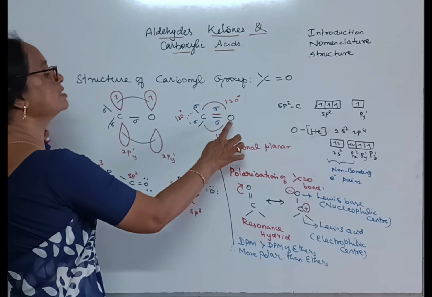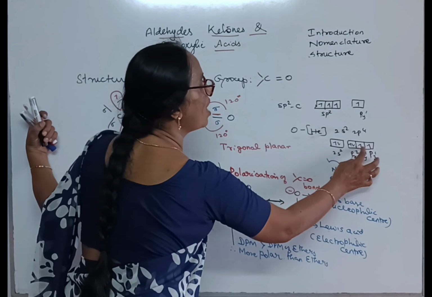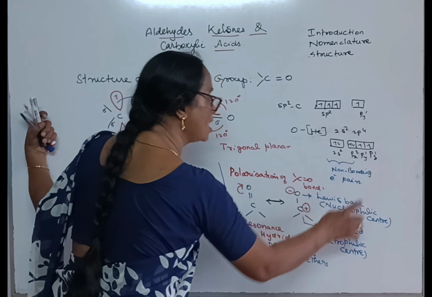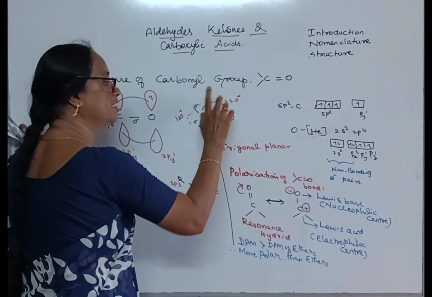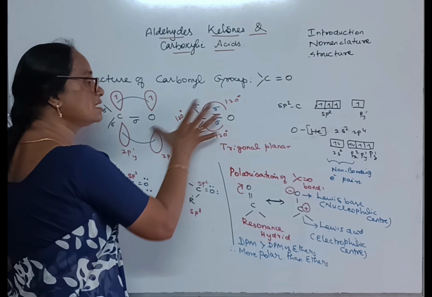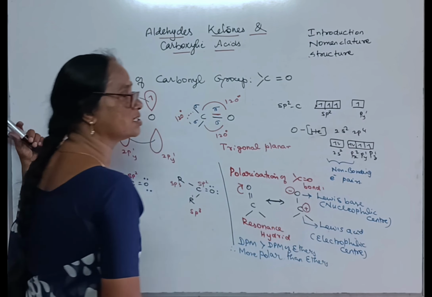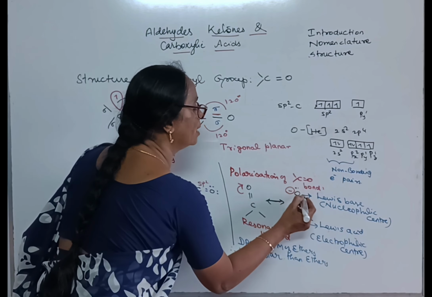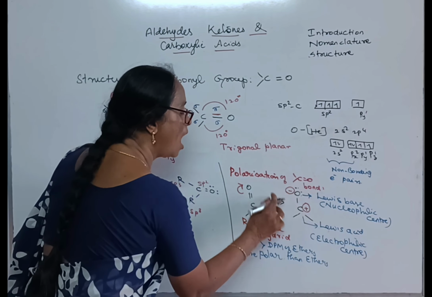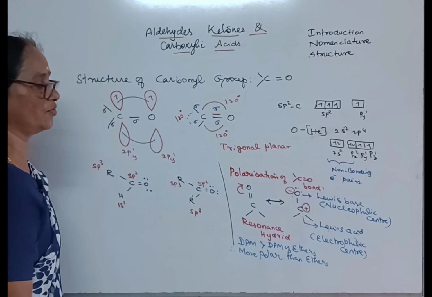Moreover, the oxygen is very electron rich because two of its p orbital electrons are found in a sigma bond as well as in its pi bond. Besides this, it has two more lone pairs of electrons that are always present on the oxygen atom. So after the delocalization, oxygen will have three pairs of electrons.